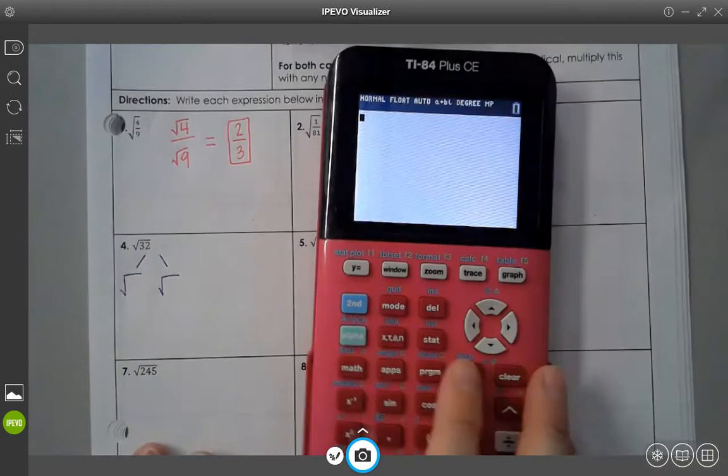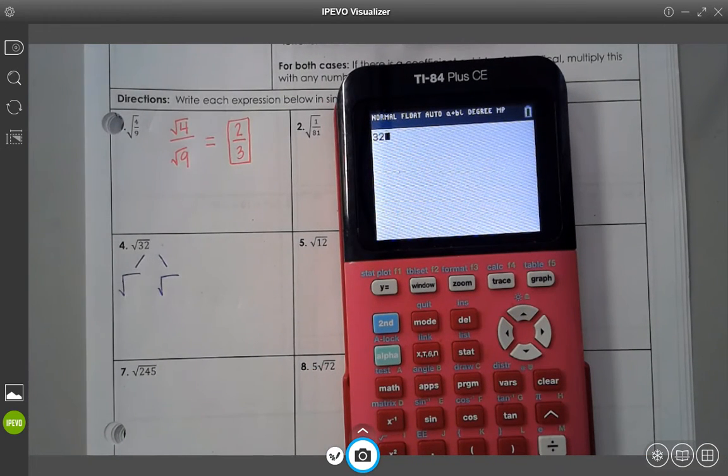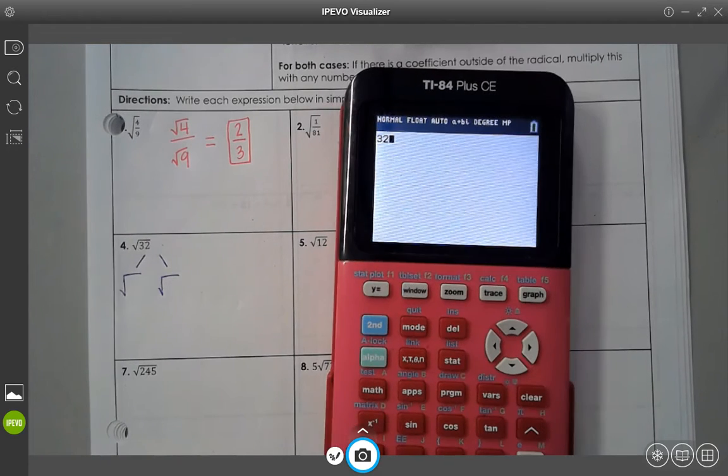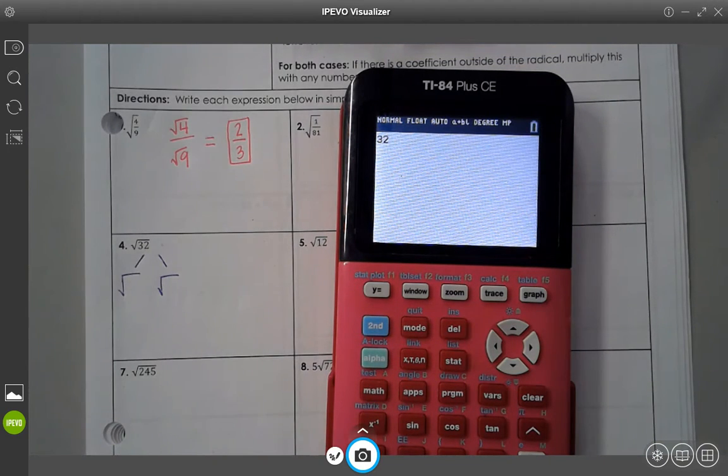So what you want to do is we're going to divide. We want the largest one that divides into 32. So take 32 and then look at your list of perfect squares and just start dividing. But you don't want to start from the bottom or the smallest number because you want to start from the biggest and work your way back.